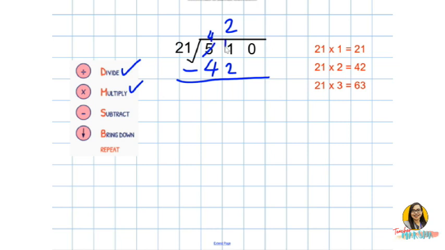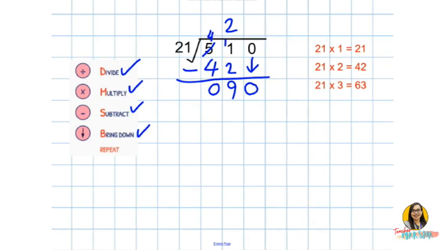So that gives us 11 minus 2 is equal to 9. And 4 minus 4 is equal to 0. Now we're done with subtract. Let's do the letter B, or bring down. So we're going to bring down 0. So what's left here is 90.